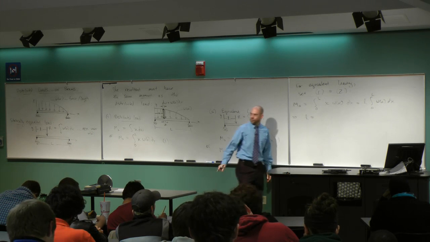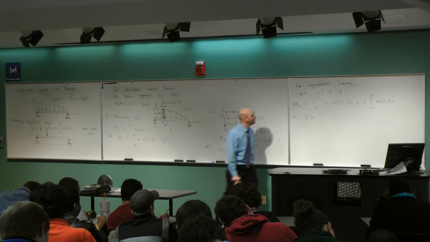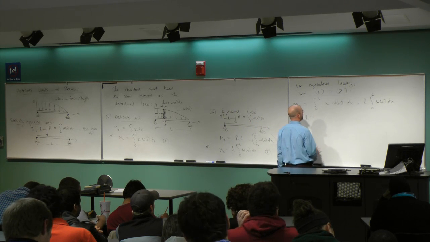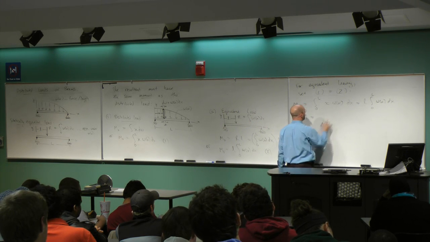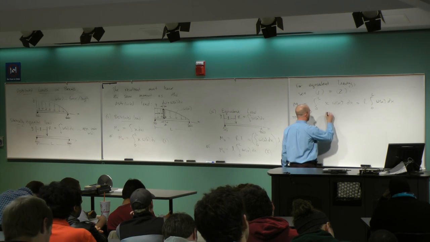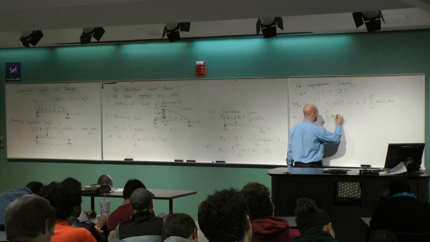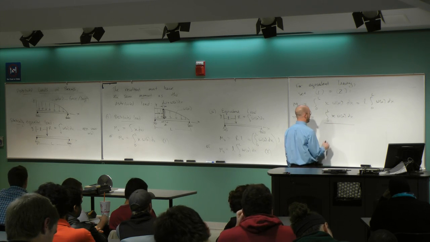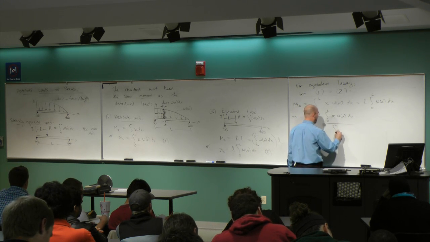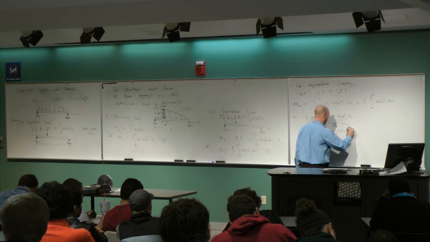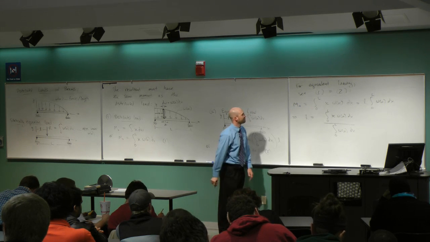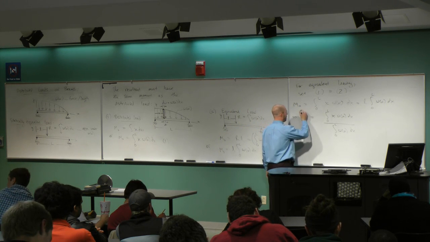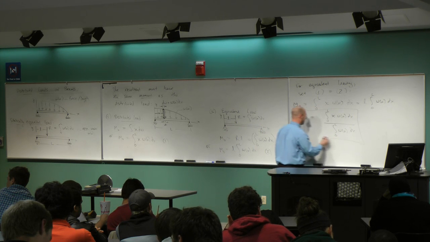This is the location where I want to put the load. Take a look at what you get. Solving for small l, the numerator is the integral from 0 to big L of x times w of x dx. The denominator is the integral from 0 to big L of w of x dx. This is where I put it.